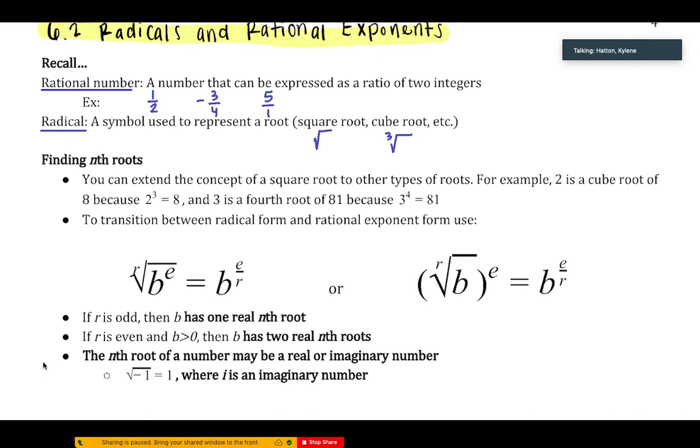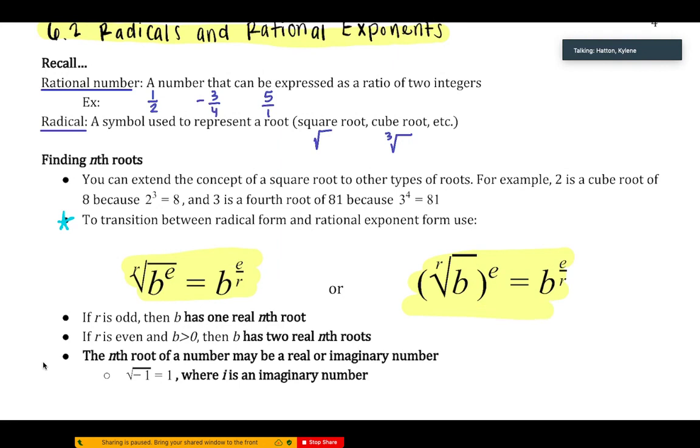Okay, and then the next thing I need you to write is this second bullet point. This is really, really important. It says to transition between radical form and rational exponent form, use either what we have written on the left or what we have written on the right. They have the same meaning.